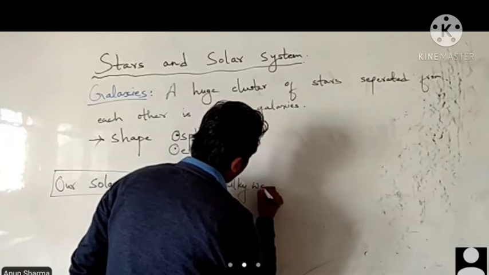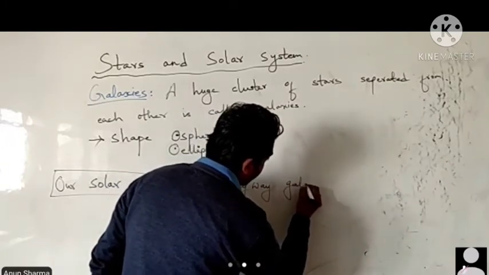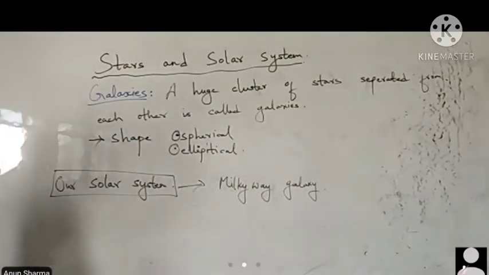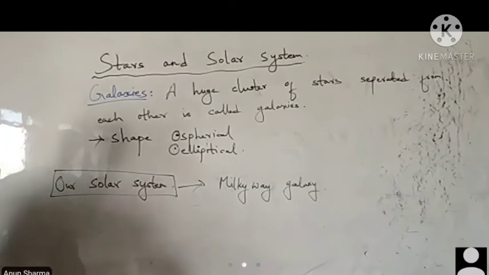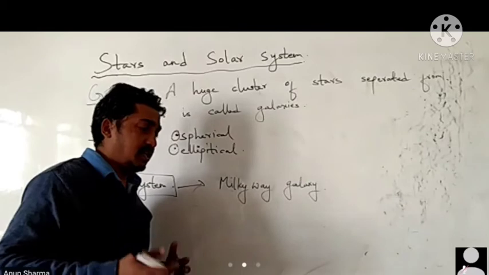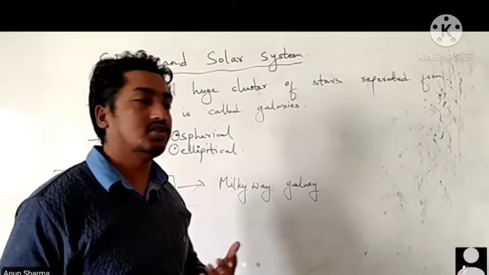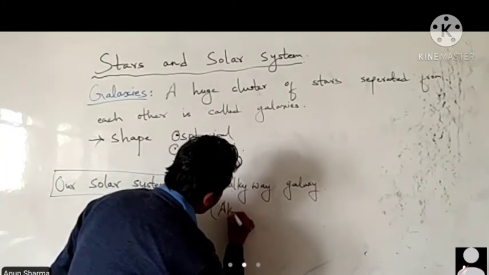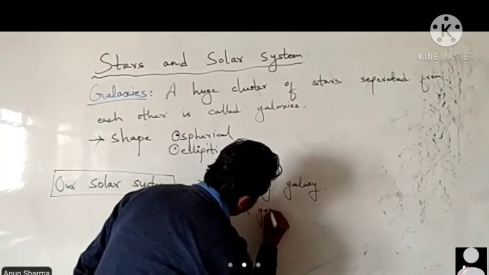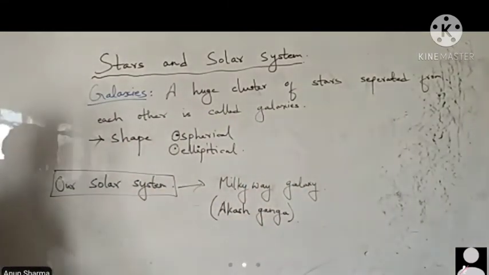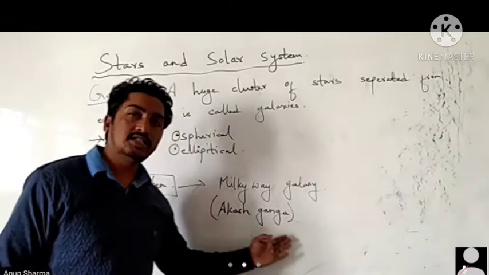As I told you, in certain terms Hindu mythology is also included. The Milky Way galaxy is also known as Akash Ganga in Hindu mythology, the Indian name for the Milky Way galaxy.